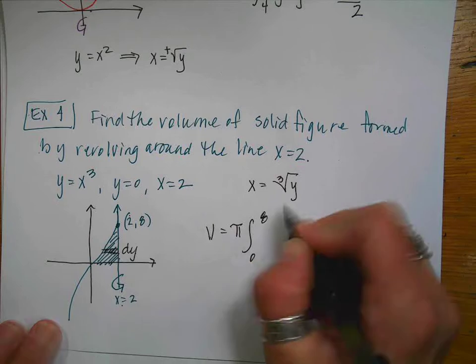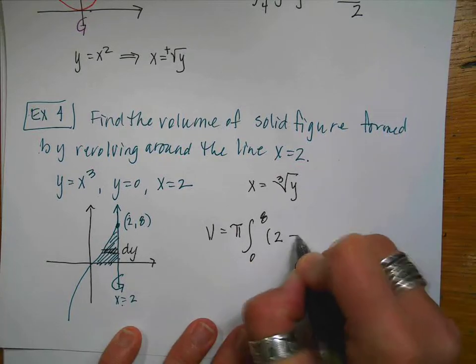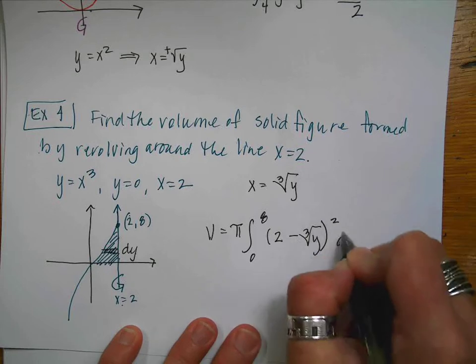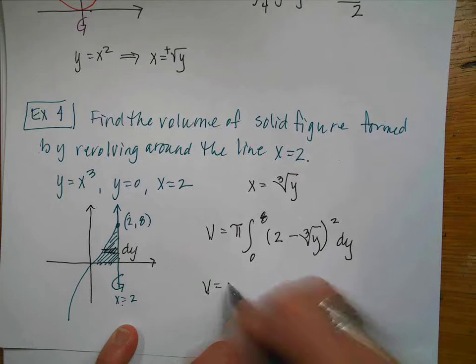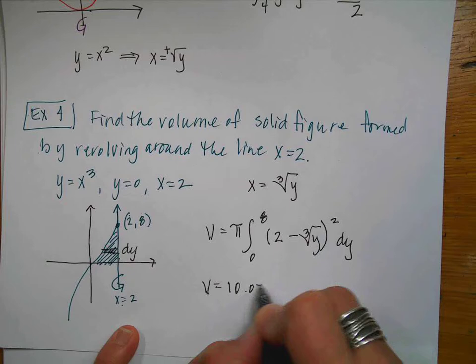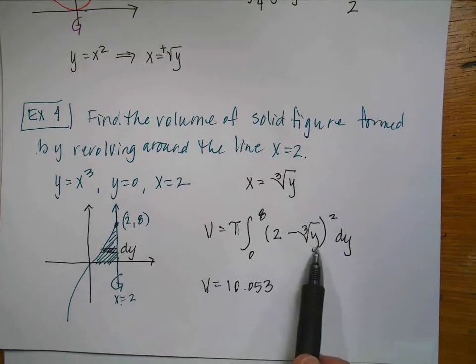I'm integrating vertically, so I'm going to integrate from 0 to 8, okay? And then it's going to be the right 2 minus the left, the cube root of y, quantity squared, dy. So then I'm going to simplify this a little bit. Actually, there's nothing to simplify because that's a nice pretty little equation, and I'm going to get 10.053.